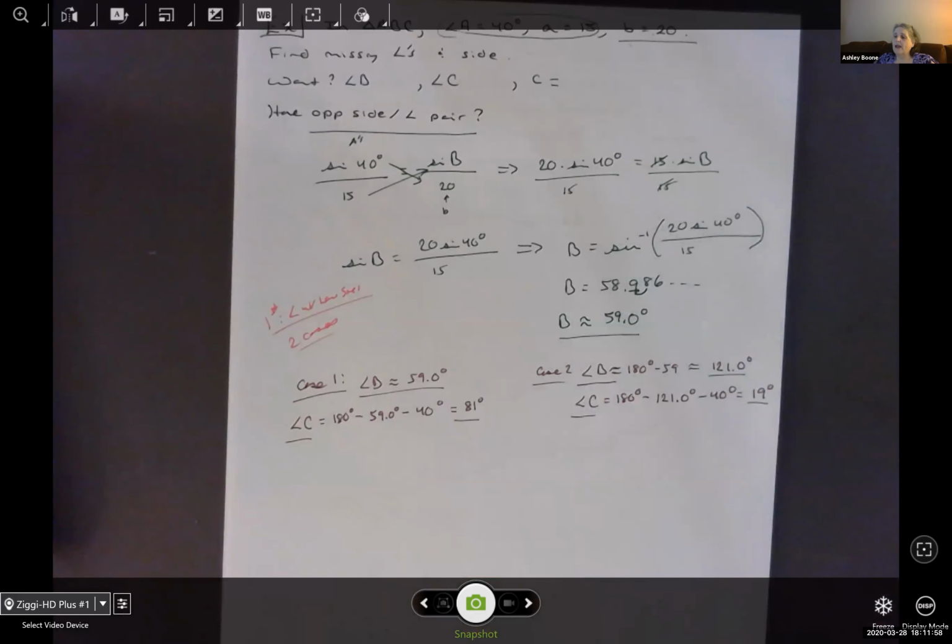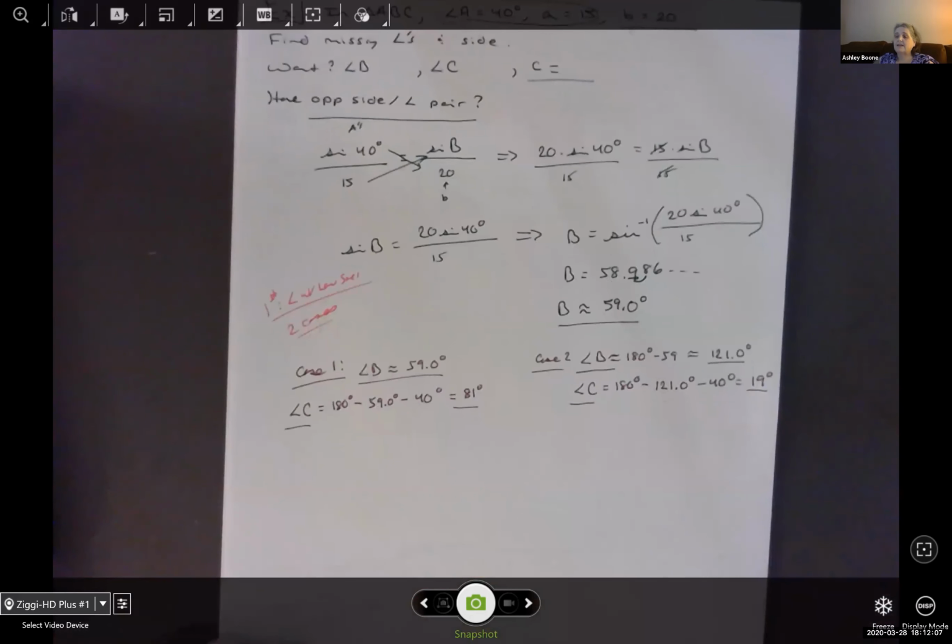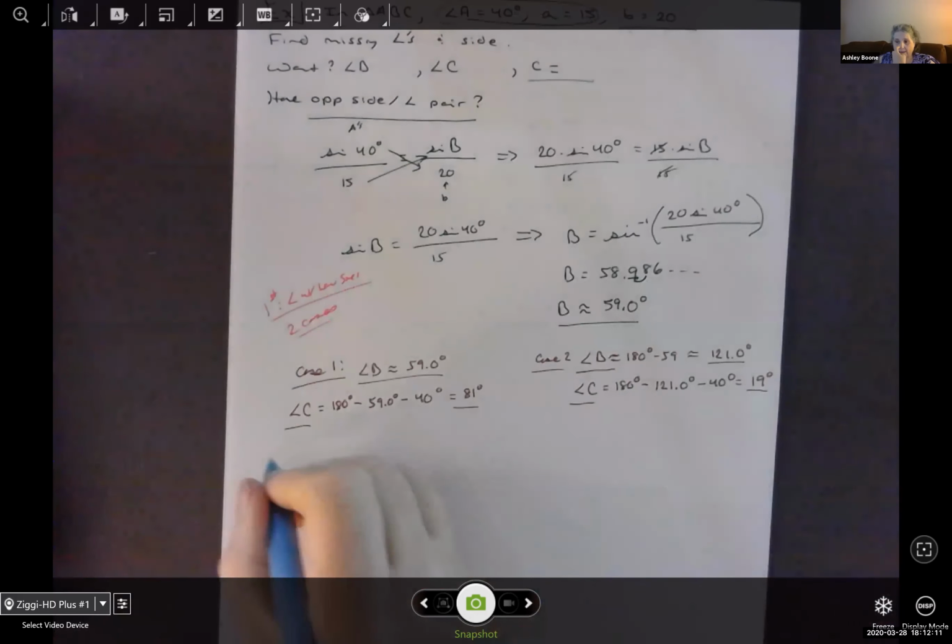So what do we have left? We need to figure out what side C is. So for each case, we're going to figure out side C, and we can use our law of sines again. We have our A's.